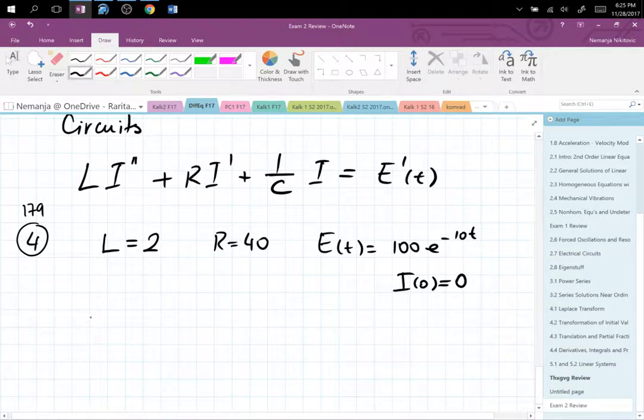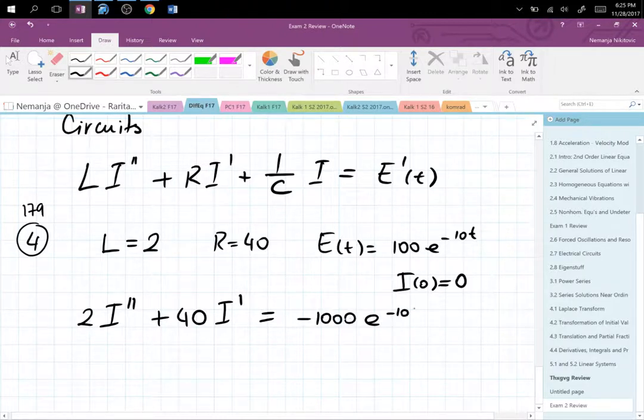So we have 2I double prime plus 40 I prime is equal to, and now we need the derivative of E to plug in. So that's negative 1000 e to the negative 10t. Generally you forget to differentiate that, and that's where it goes bad. Is it because it's E prime, that's why? Yeah.